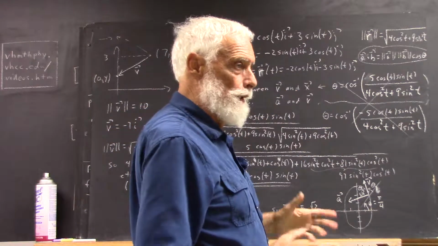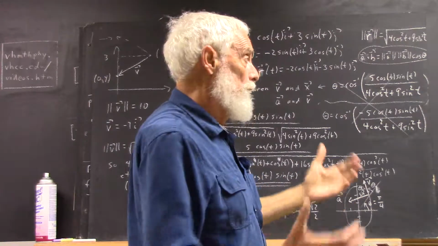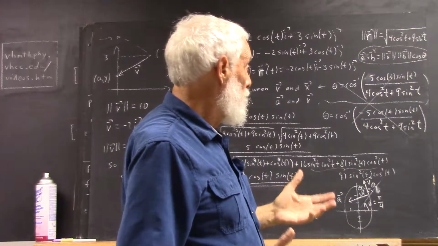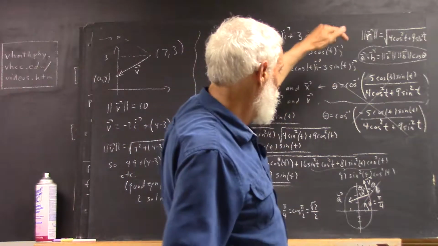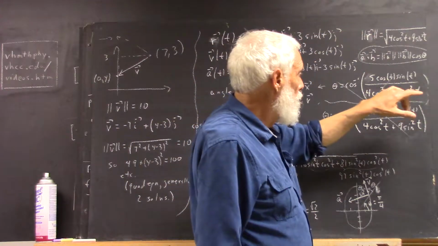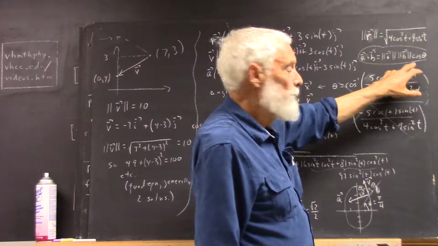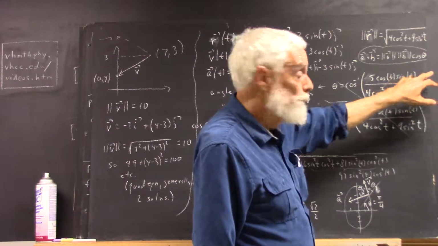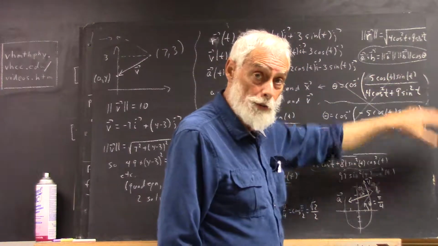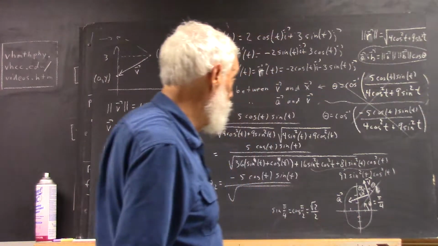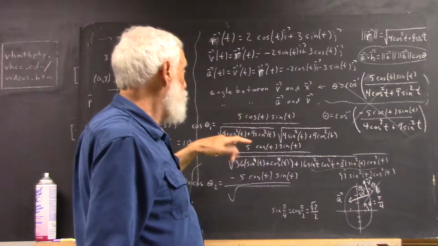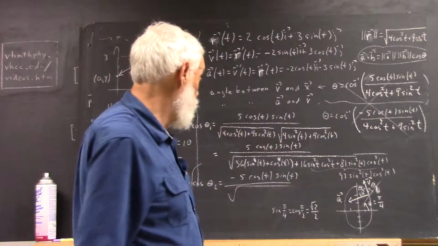If you've been doing a lot of it, you're probably going to remember it. If you've done as much as I have, you're probably not going to forget it until your brain gets fried, which is probably soon in my case. So you start from the definition, and it's a very easy rearrangement to find cosine theta. We find it's the dot product divided by the product of the two magnitudes.